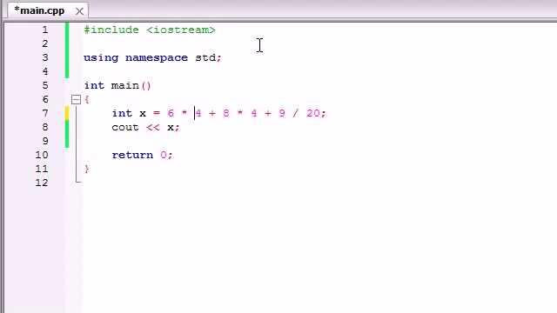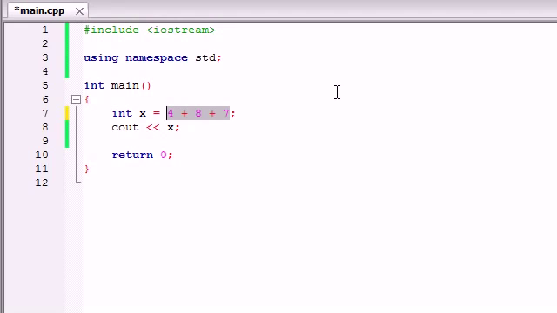It does all the multiplication and division, which would be this, this, and this. It's going to do that first. And then it's going to do your addition and subtraction. If you just have like 4 plus 8 plus 7, you're saying, alright, is it going to do 8 plus 7 first or 4 plus 8 first? It really doesn't matter. It comes out the same either way.